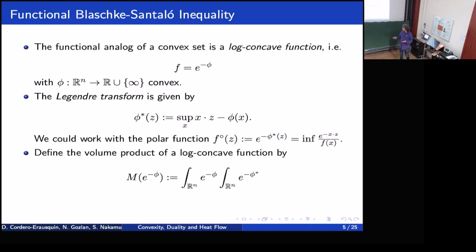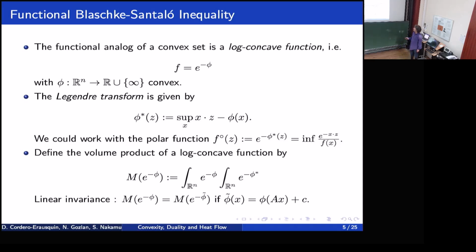So in this context, you can define the volume product, which is the product of the integral of exponential minus phi and the integral of its polar, exponential minus phi star. And you have the same invariance. If you change phi to phi tilde, phi of Ax, and you can also add a scaling constant, this volume product will not change.